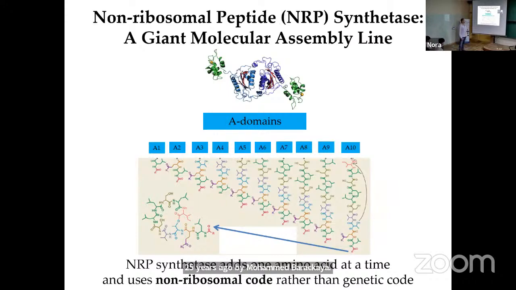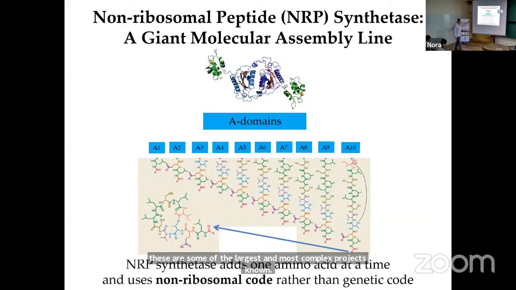So this amazing feat is done by giant proteins called non-ribosomal peptide synthetases, or NRP synthetases. And these are some of the largest and most complex proteins known. And these are multimodal proteins.